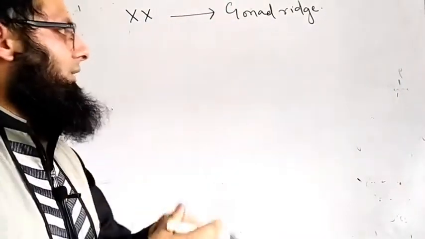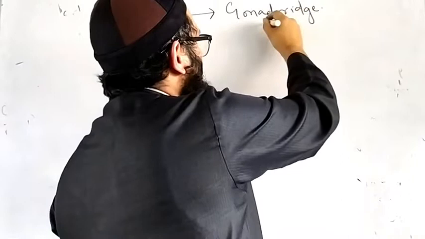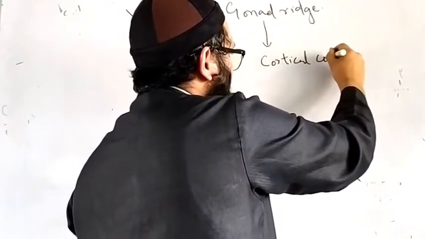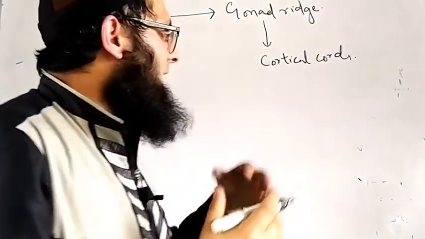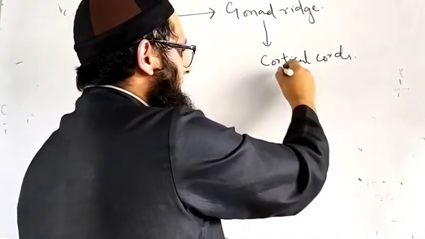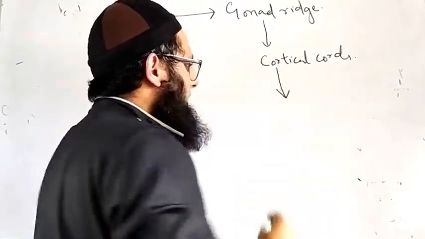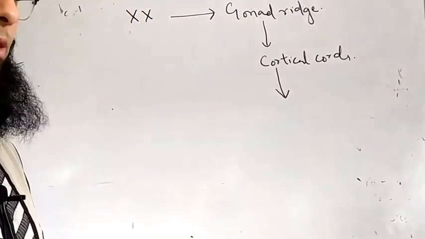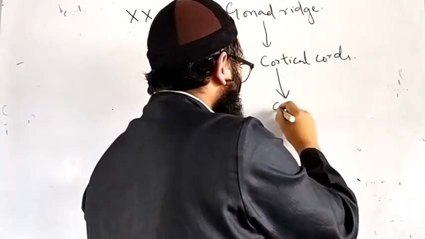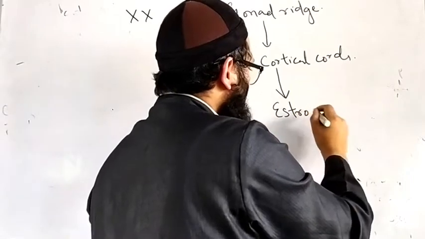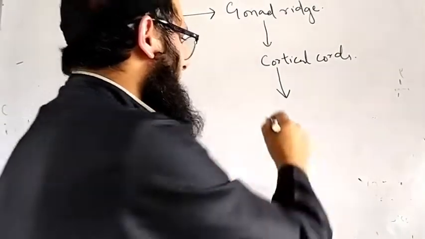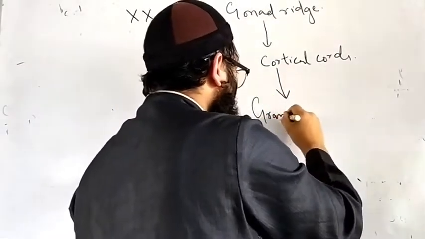It's at the cortex level. That's why we call them cortical cords. These cortical cords will secrete estrogen. They will differentiate into a type of cell known as granulosa cells.